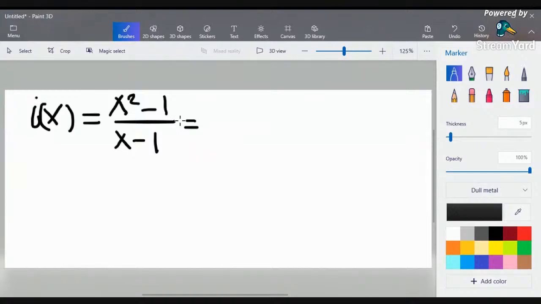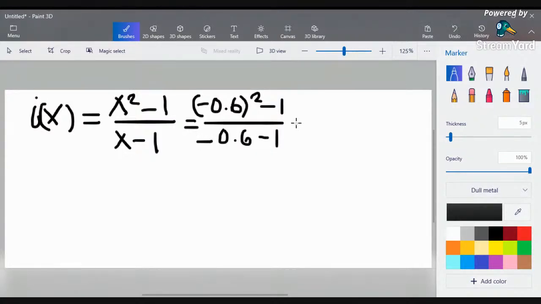So substitute negative 0.6 squared minus 1 over negative 0.6 minus 1.